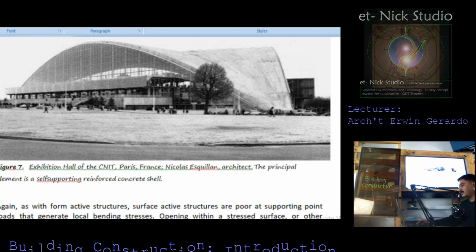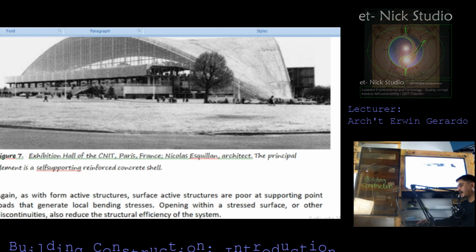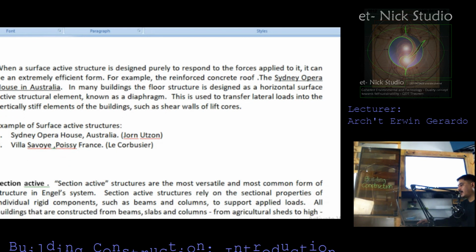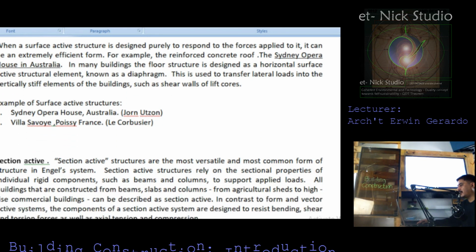Openings within a stressed surface or other discontinuities also reduce the structural efficiency of the system. When a surface active structure is designed purely to respond to the forces applied to it, it can be an extremely efficient form. For example, the reinforced concrete roof of the Sydney Opera House of Australia.